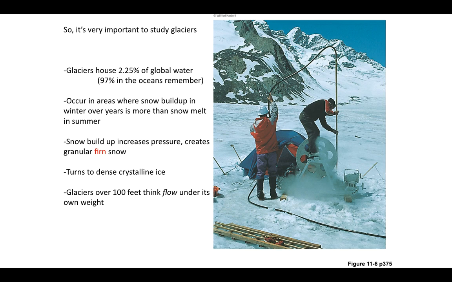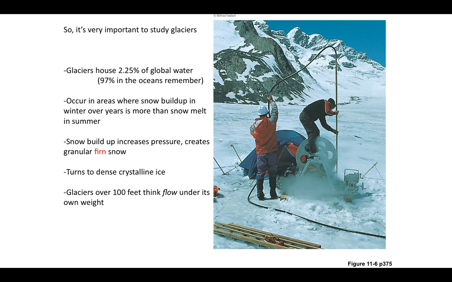So if we take ice cores deep into glaciers, we can analyze those ice cores and look at gases that would have been in the atmosphere when that part of the glacier was made, if that makes sense. So it can tell us about changes in maybe how much carbon we have in our atmosphere now as opposed to 100 years ago, 200 years ago. So glaciers can tell us a whole lot.